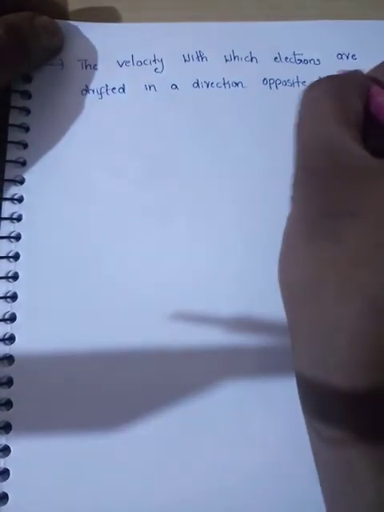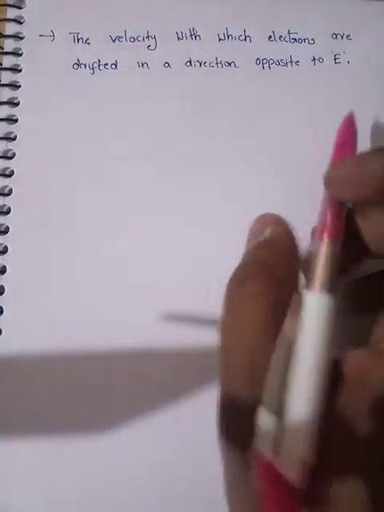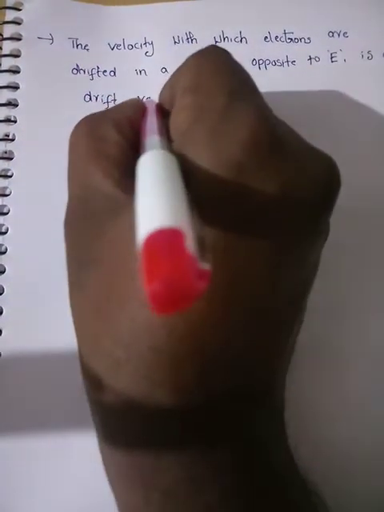Is it right? Why are we saying opposite to the electric field? Because the electric field is always from positive to negative, and the electron in the presence of electric field moves from negative to positive. So the velocity with which electrons are drifted in a direction opposite to the electric field is called, as we said, drift velocity.